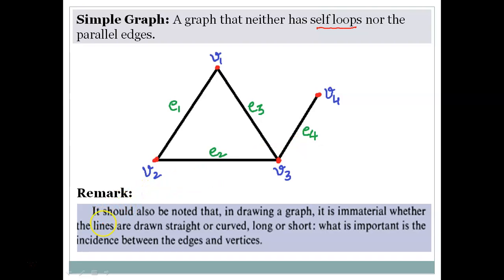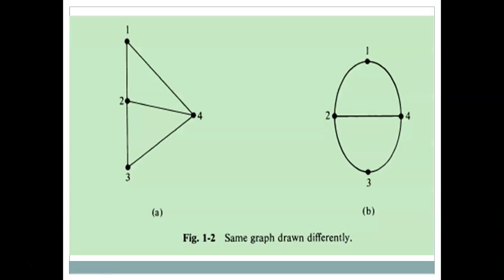Look at this remark. It should be noted that in drawing a graph, it is immaterial whether the lines are drawn straight or curved, long or short. The important fact is the incidence between the edges and the vertices. For example, here we have four vertices 1, 2, 3, and 4 connected by edges.